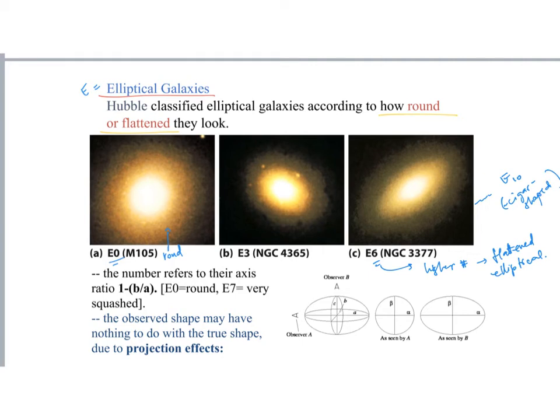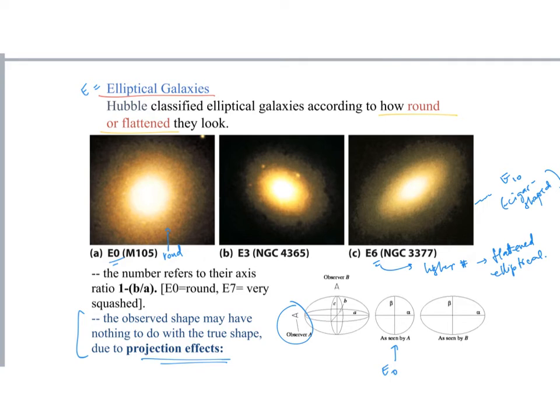Okay, but I also want to point out that there are projection effects involved, right? And so it's actually very hard to tell whether what we see is the true shape of those galaxies. So you can imagine you see something flattened, but you see it from the position of observer A, so you would see an elliptical of type E0.